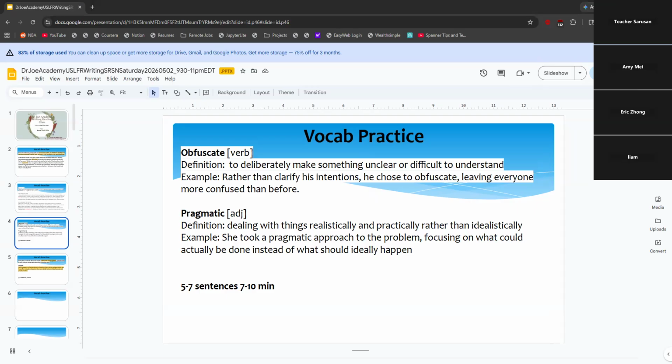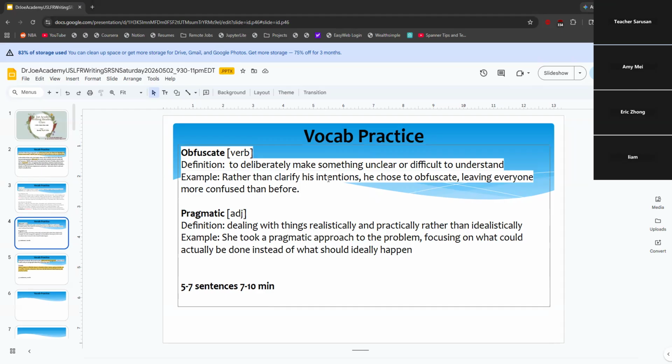Nice. Excellent job. So like I said, you guys are really close with obfuscate. You're talking about things that are unclear, but it's more so in the realm of understanding something. You're talking about physically unclear, but this is hard to understand, it's difficult to understand, it's blurry, that kind of stuff.